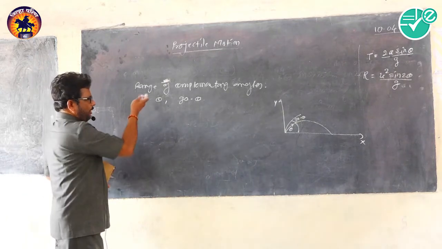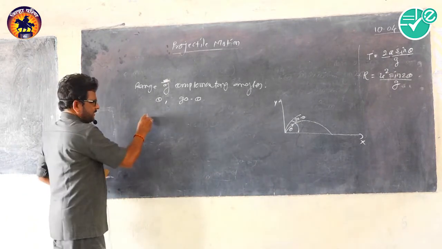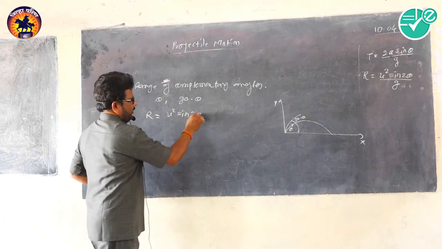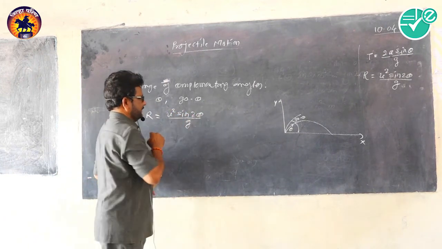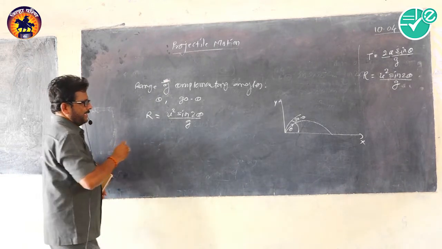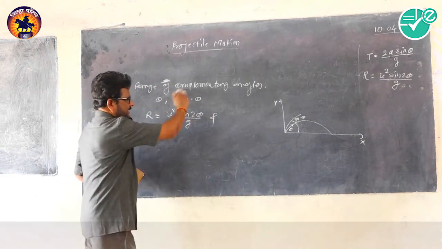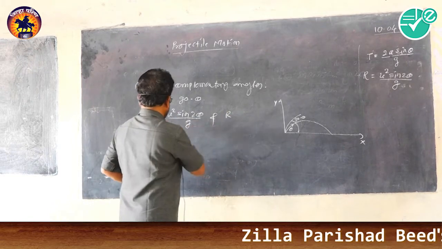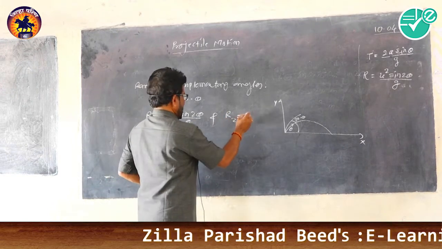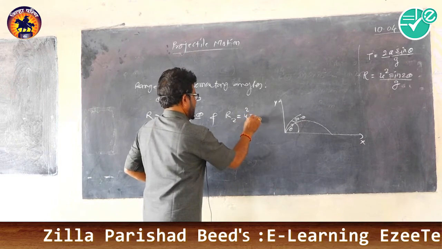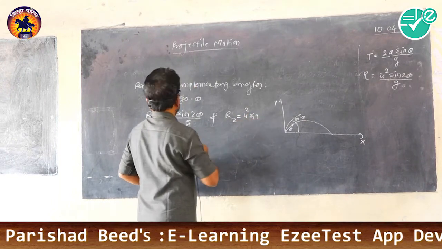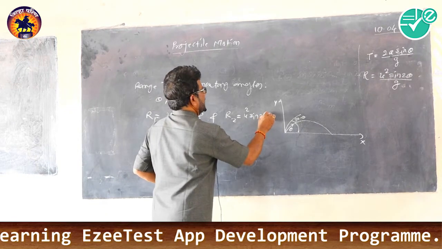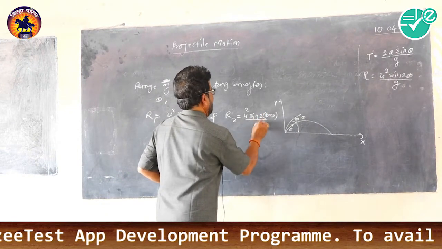Now for angle theta, what is the range? R1 is equal to u square sin 2 theta upon g, and for the angle 90 minus theta, R2 is equal to u square sin 2 into 90 minus theta upon g.